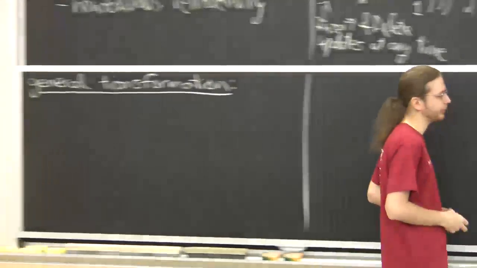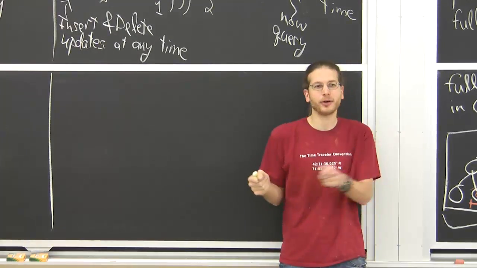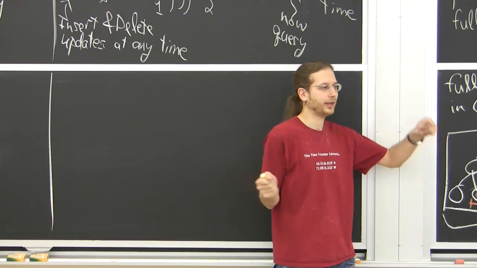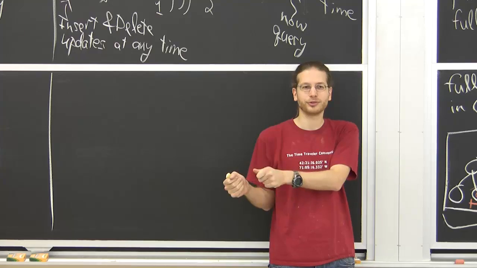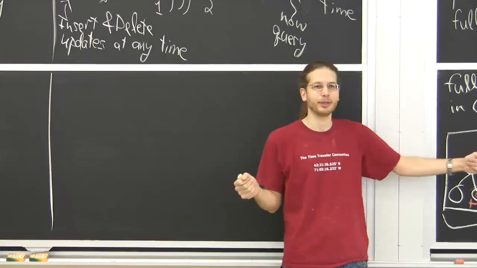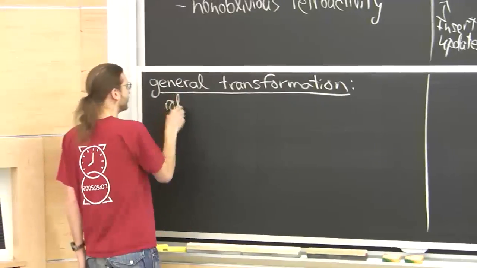I want to know what happened in the present. The obvious thing to do is write down all the changes you made, and then if you want to make a retroactive change, you roll back, do your change, and then replay everything that happened meanwhile. So this is the rollback method.